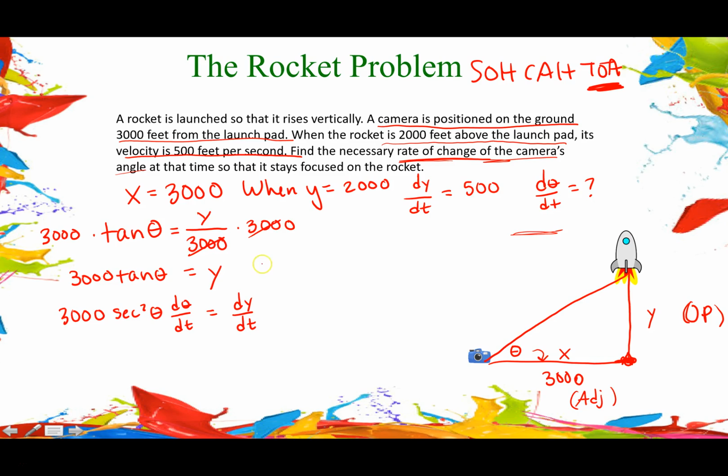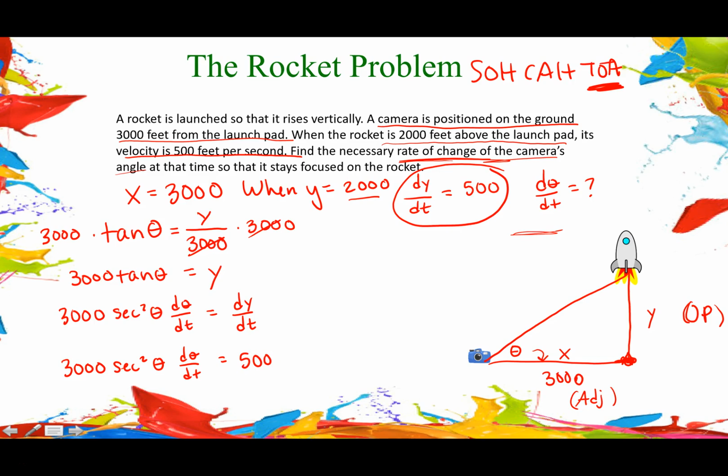So why didn't we plug in y as 2,000? Because we wanted it to be y so that when we took the derivative of it, we get a dy/dt, which we have. We have dy/dt is 500. So we have 3,000 secant squared theta d theta/dt equals 500.